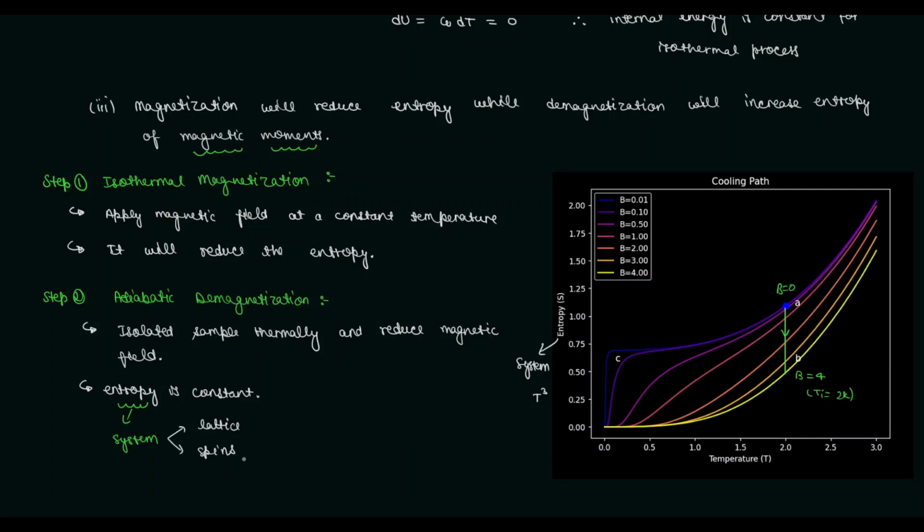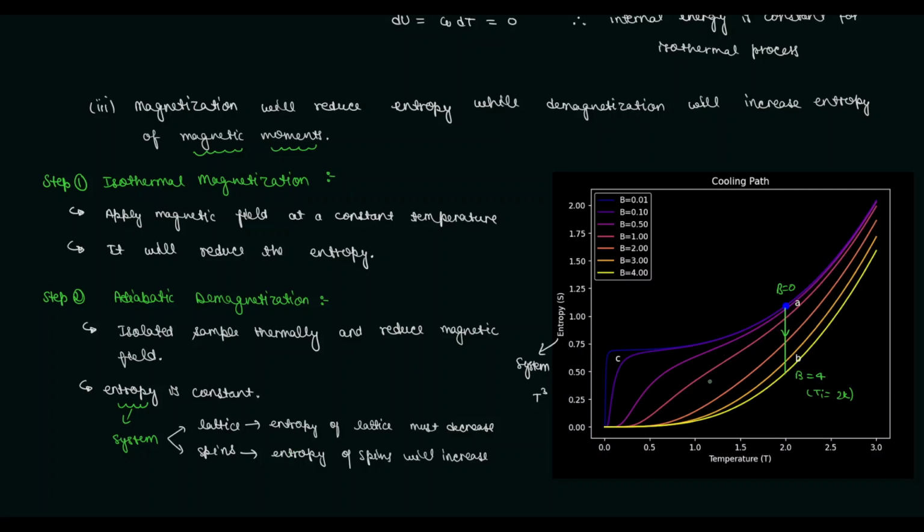Now as you are demagnetizing the sample, the entropy of spins will increase in a way to keep the entropy of the system constant. So therefore, the entropy of the lattice must decrease, and if the lattice entropy decreases, the temperature of the lattice will automatically decrease, and therefore we reach a lower temperature that you can see from this B to C path.